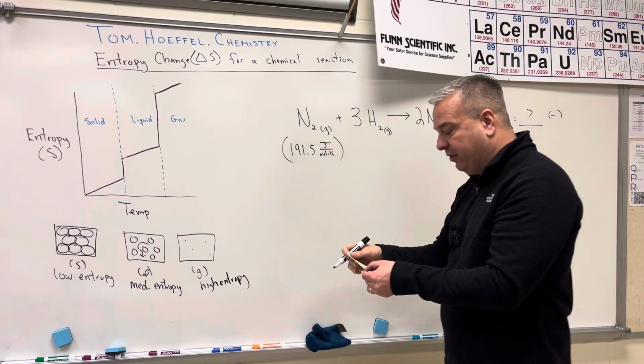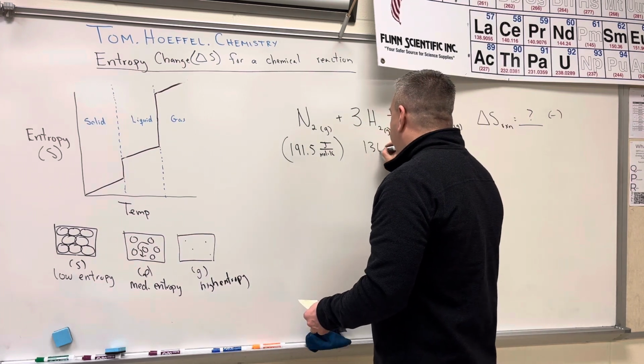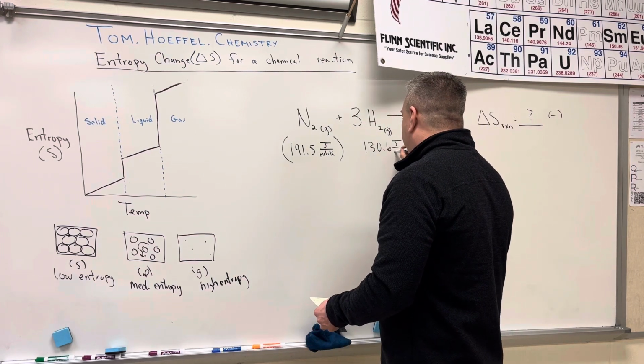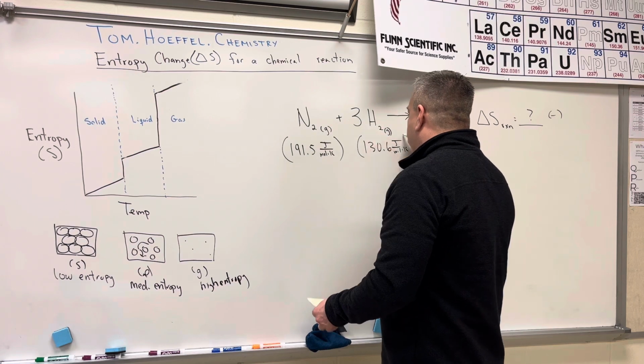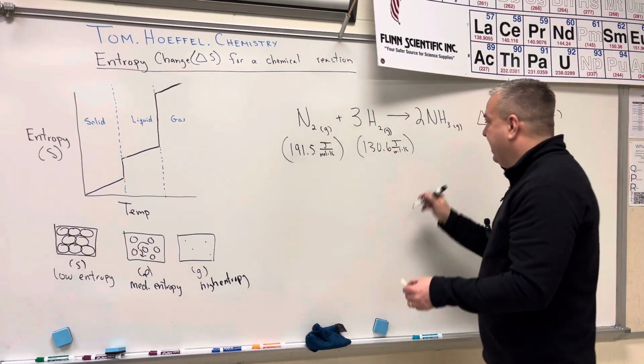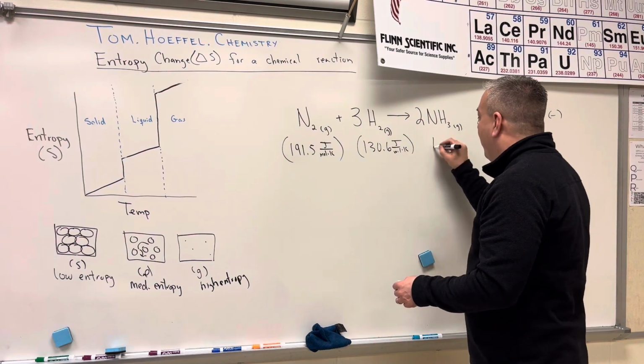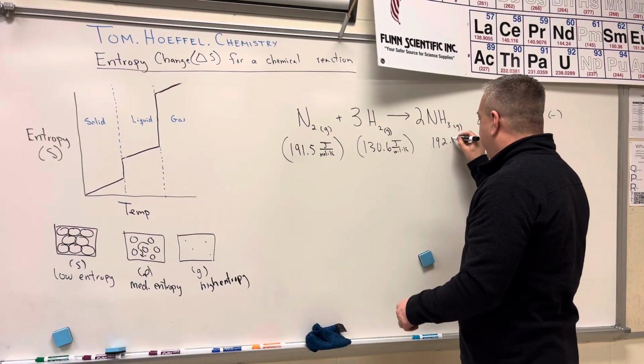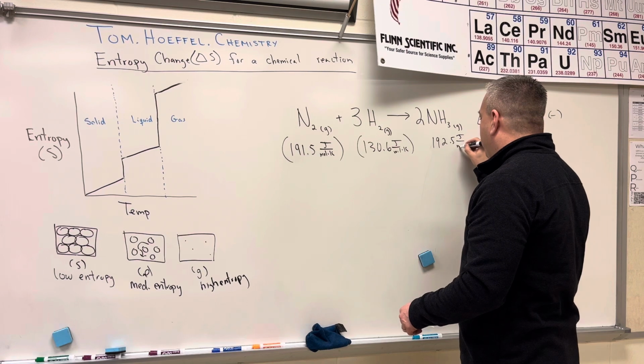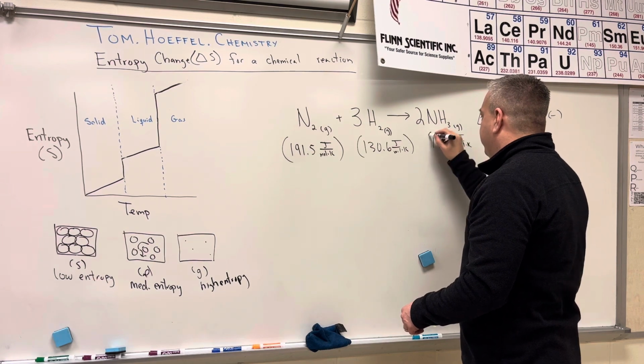When I look up the hydrogen, it's 130.6 joules per mole Kelvin. And when I look up NH3, it's 192.5 joules per mole Kelvin.